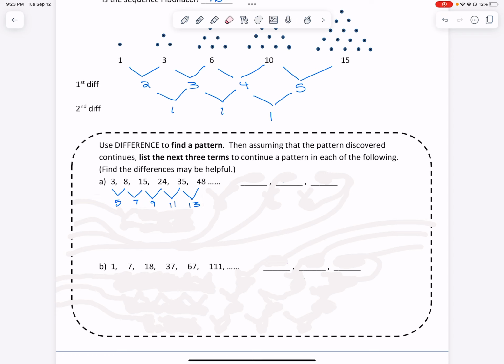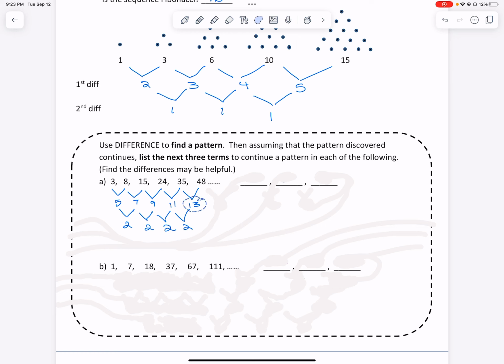The differences are 5, then 7, then 9, then 11, then 13. You can probably see the pattern already, but let's do the second difference, and we find that I'm going up by 2s. So to get this next number, what am I going to add? To go from 35 to 48, I added 13.